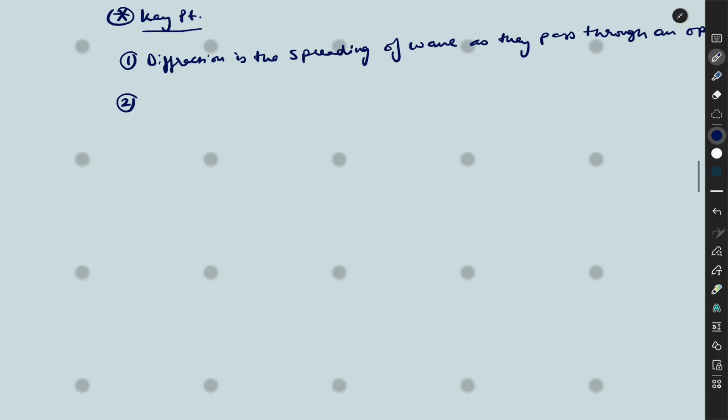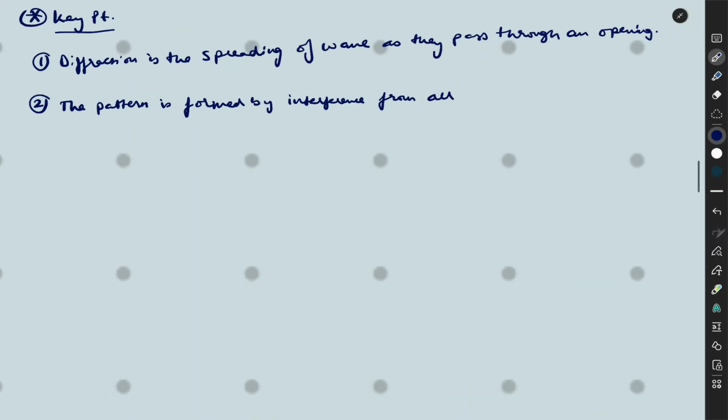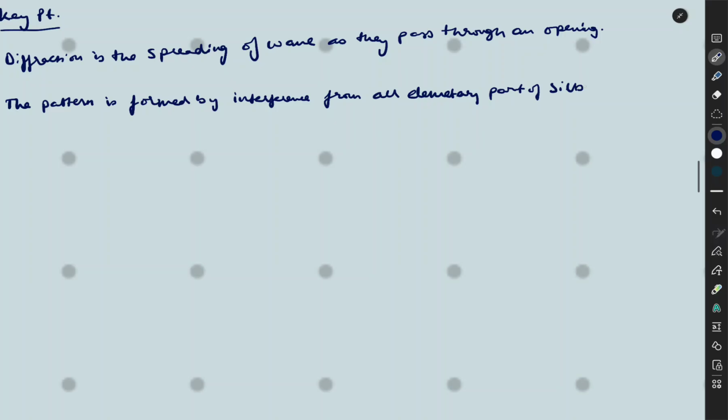And why is it formed? Because the pattern is caused or formed by interference from all elementary parts of the slit.